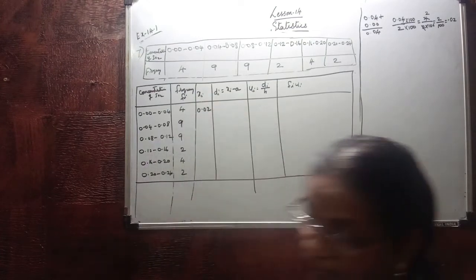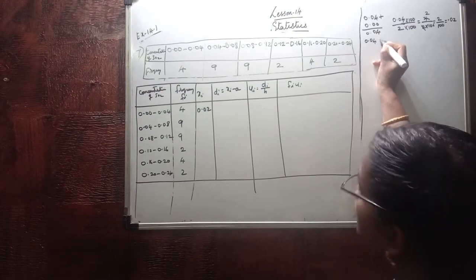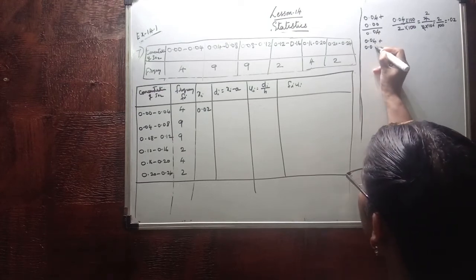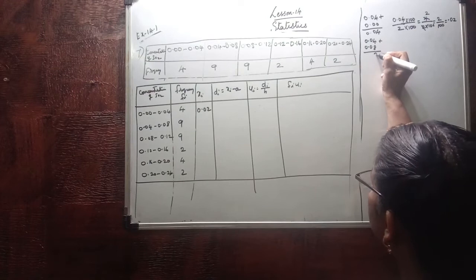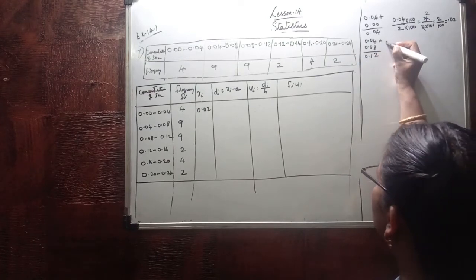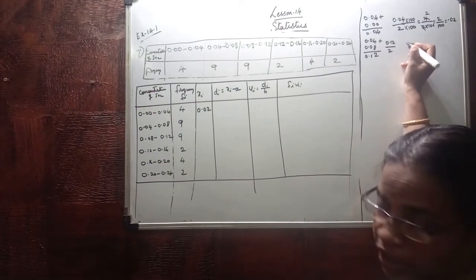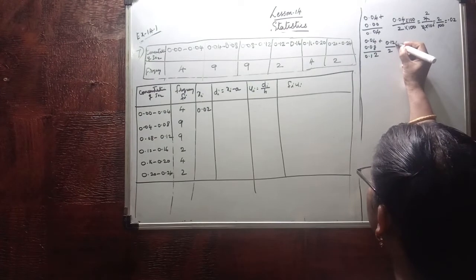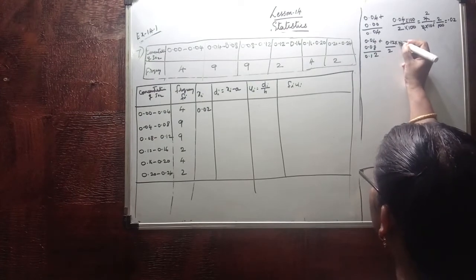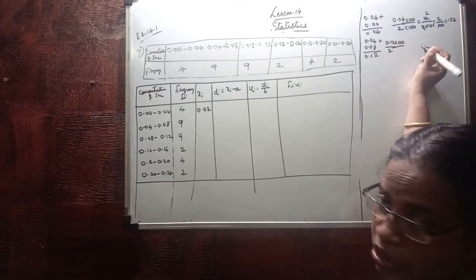Next one is 0.04 plus 0.08. 8 plus 4 is 12, 1 carry over, so 0.12. 0.12 divided by 2. So make it a whole number, multiply with 100 because 2 digits are there.